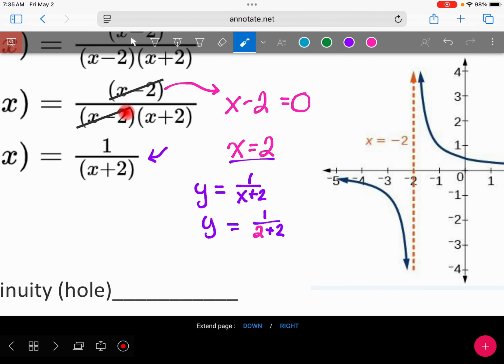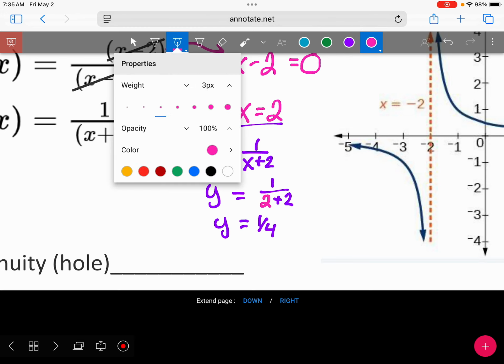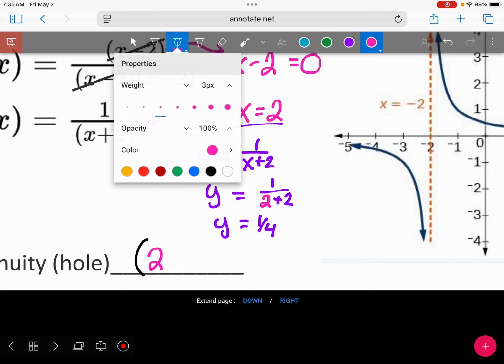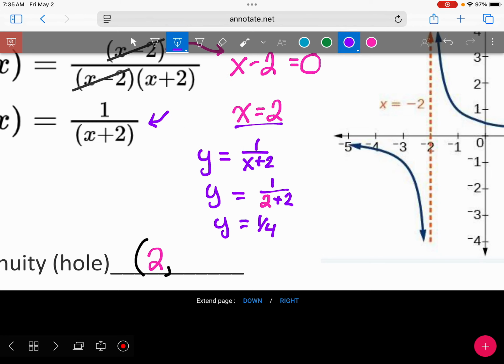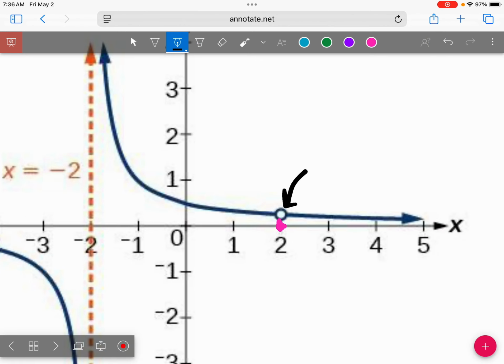Because it should not be undefined. If it was up here and I substituted in my positive 2, that's when we get our undefined, because this guy would be 0. This guy's not 0. So our y for our discontinuity is 1/4. So as a point, we have our 2, 1/4. And that is the exact address it would take to get to this point.